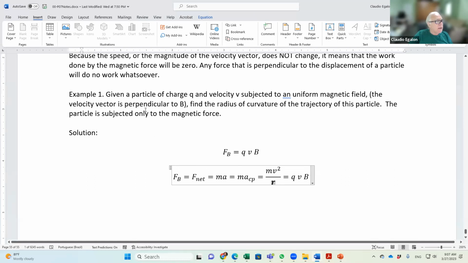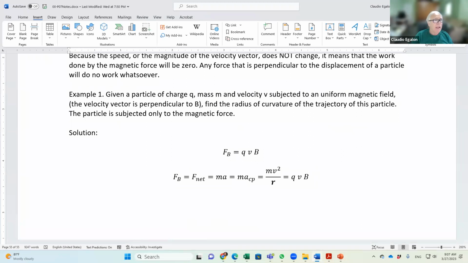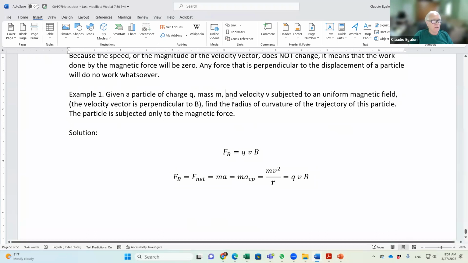And by the way, given a particle of charge q, I've got to put the mass of the particle as m and velocity v, subjected to a uniform magnetic field. So you need the mass as well to solve this problem.